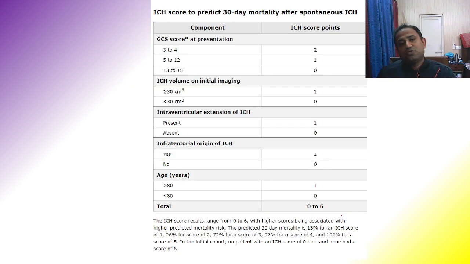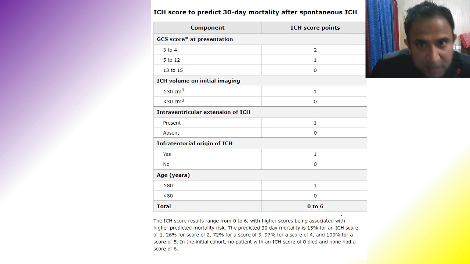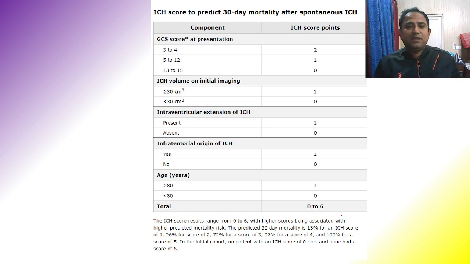So these are a few scores which are used to calculate 30-day mortality. The first score that I like to discuss is the ICH score. It has 5 main components: GCS at presentation, the ICH volume, intraventricular extension, infratentorial origin of the ICH, and age greater than 80 years.